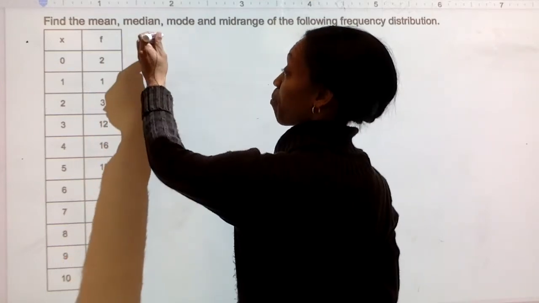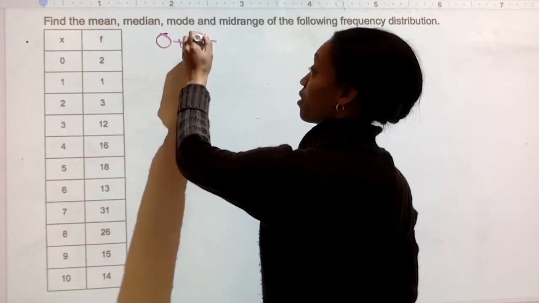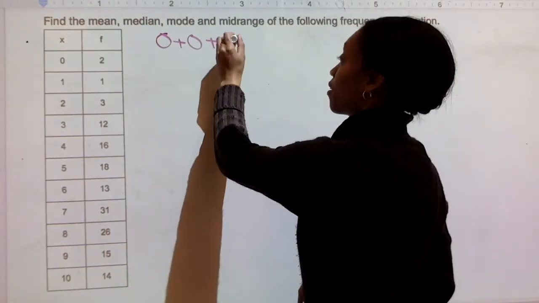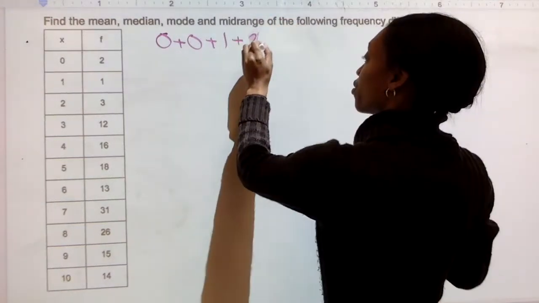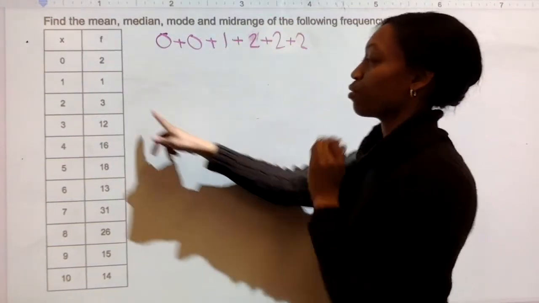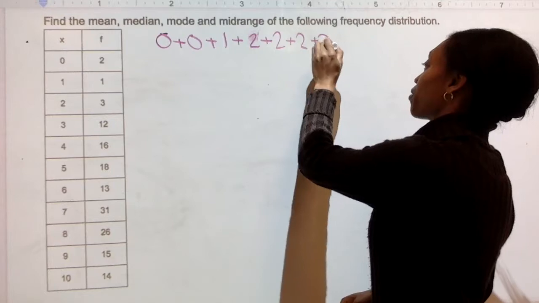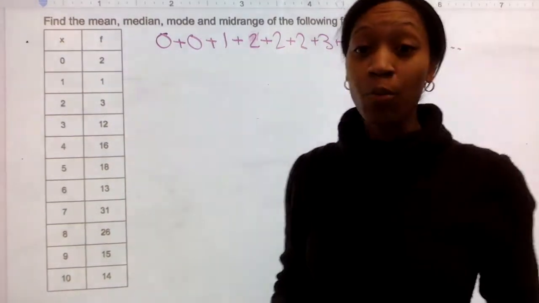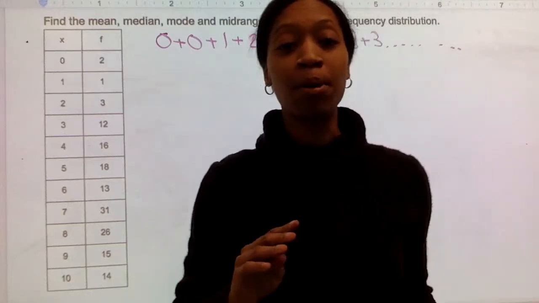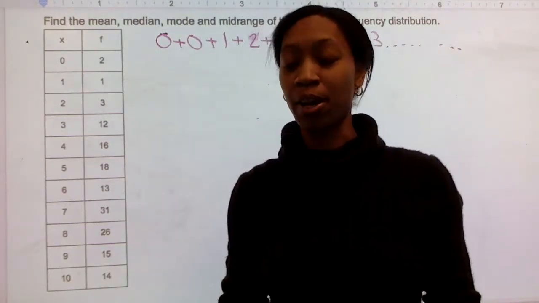So we could do something like 0 plus 0 plus 1, 3 twos, 2 plus 2 plus 2, 12 threes, 3, 3. And I'm not going to go on. You get the point here. We could do it by adding them all up, but that's not the fastest way, right?